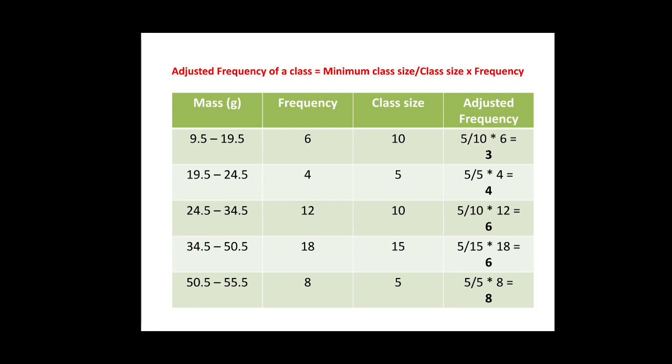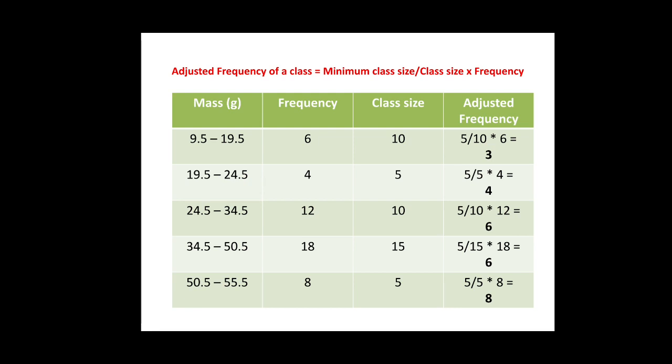Now let us add another column which gives the adjusted frequency of each class. Adjust the frequencies with the help of the formula, which is: adjusted frequency of a class is equal to minimum class size divided by class size of the concerned class multiplied by frequency of the concerned class.